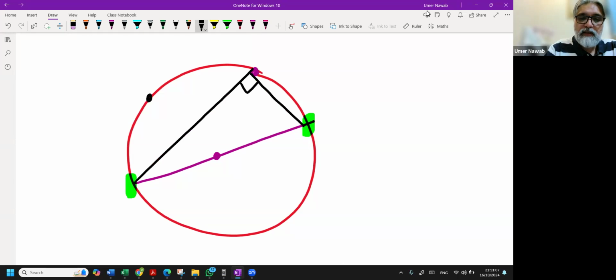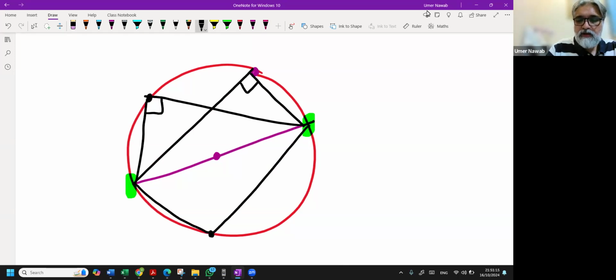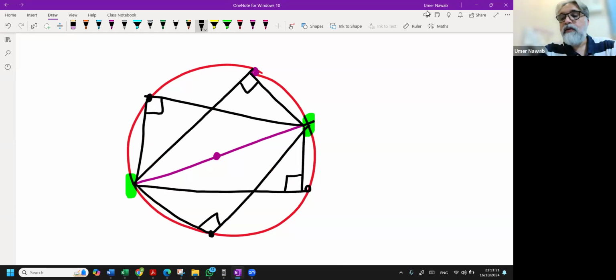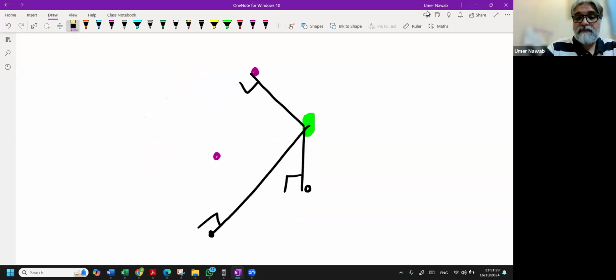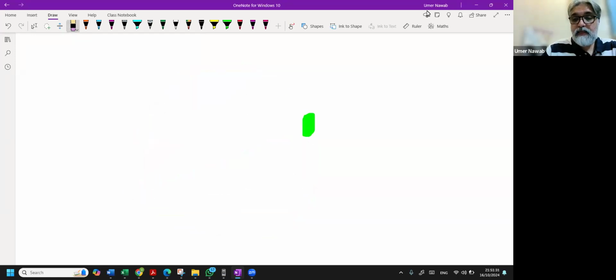Suppose I pick this point, join, this is also 90 degrees. If I pick this point, join the endpoints of the diameter here, you get 90 degrees. If I pick this point, join here, you get 90 degrees. So this property is called right angle in a semicircle. Very famous property. Right angle in a semicircle.